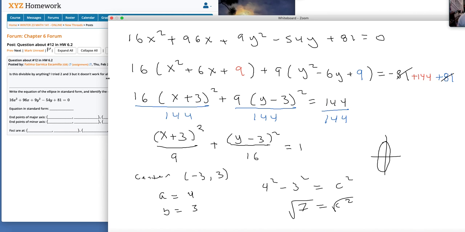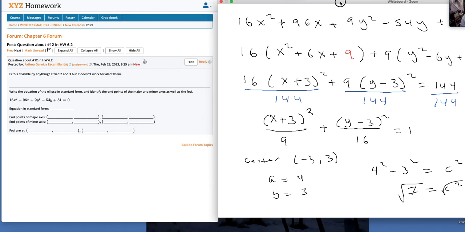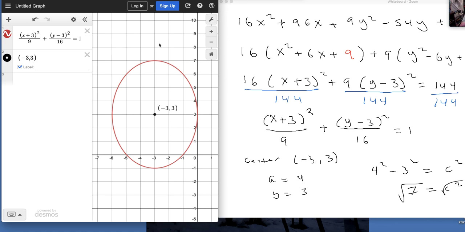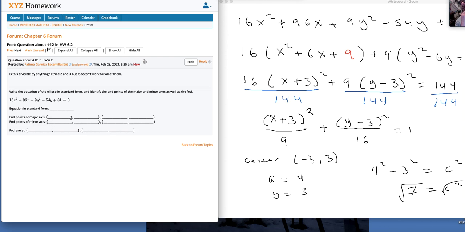I threw this in Desmos just so I could kind of point rather than try to draw a graph on here, because that doesn't work very well. So let me hop over there. There we go. So here we are with our center at -3, 3. And then to get the coordinates for my major vertices, the endpoints of the major axis, that's these two.